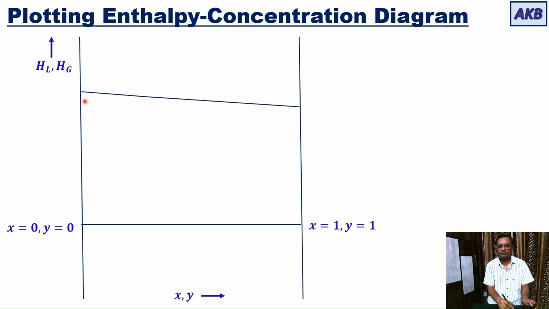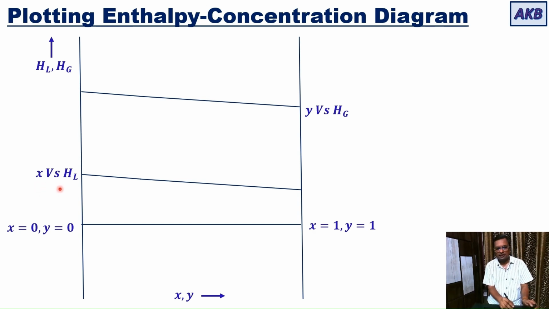So the plot of enthalpies of saturated vapor versus mole fraction of the more volatile component in the vapor phase will give this curve, which is the plot of y versus HG, and we are going to get a lower curve, which is the result of the plot of x, that is mole fraction of A in the liquid phase, versus the enthalpies of saturated liquid.